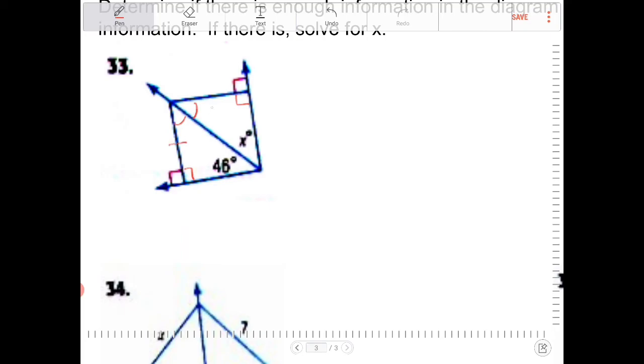It doesn't specify whether or not this side is the same as that side. Because it doesn't, the diagram can actually be drawn in this manner. In which case, we have no idea. We cannot use the perpendicular bisector or angle bisector theorem. So not enough information.